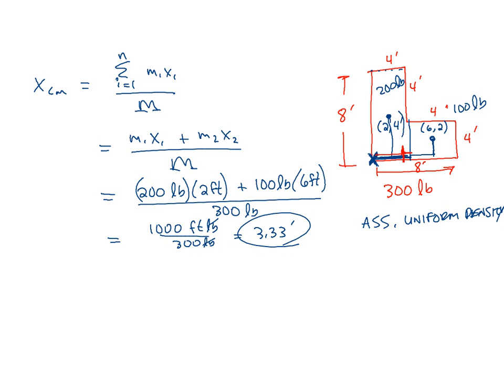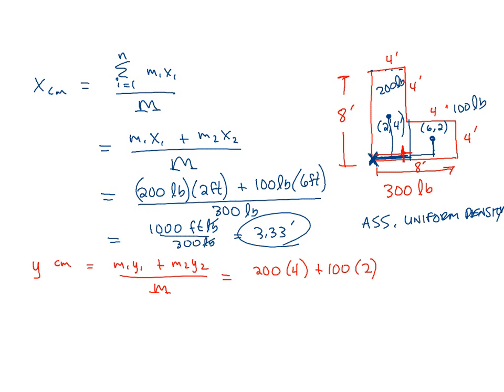Now I still got to do the y part too. So y center of mass would be equal to mass 1 y1 plus mass 2 y2 over the total mass. And so that's 200 times 4 plus 100 times 2.